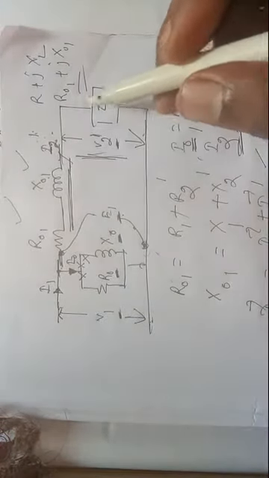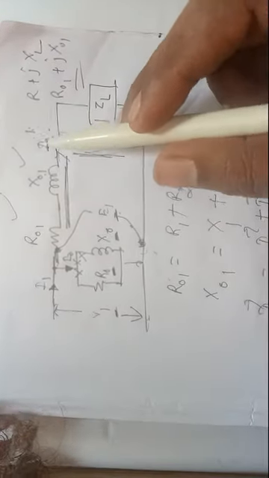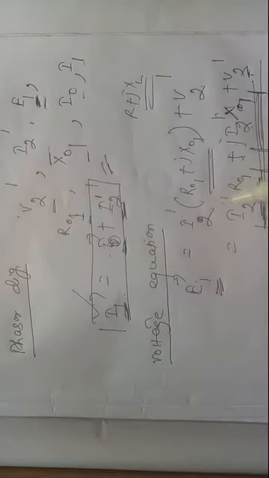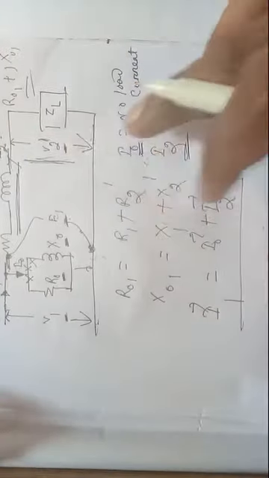Yes or no? So the voltage drop will be I2 dash into R01 plus jX01, and its load voltage V2 dash.